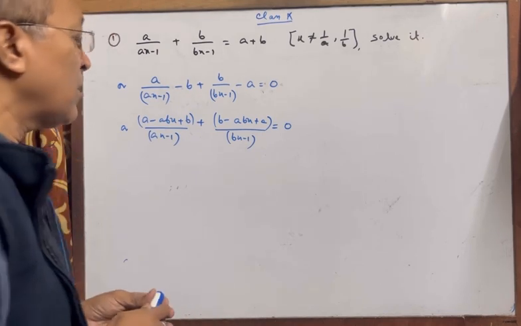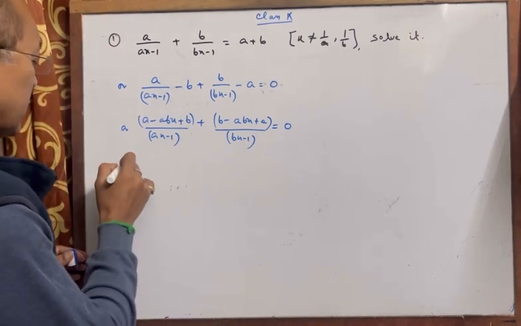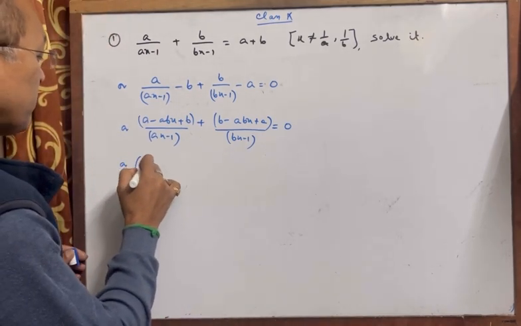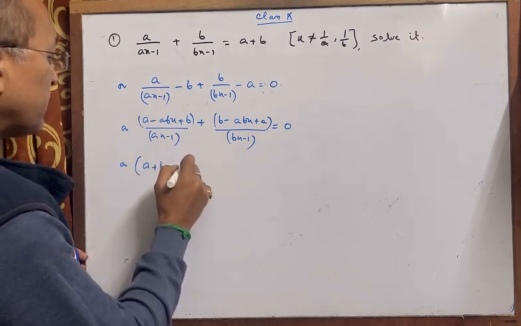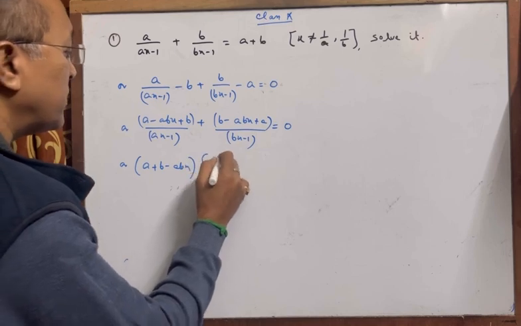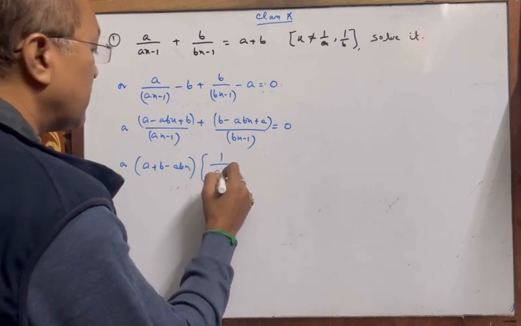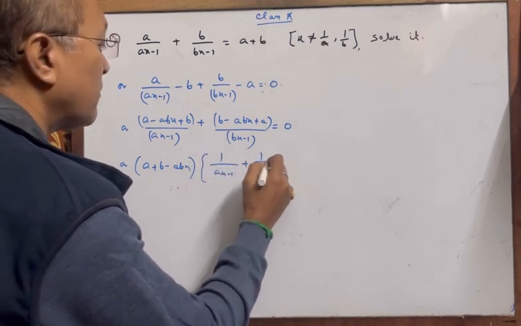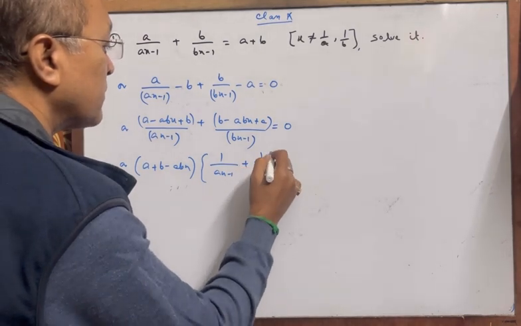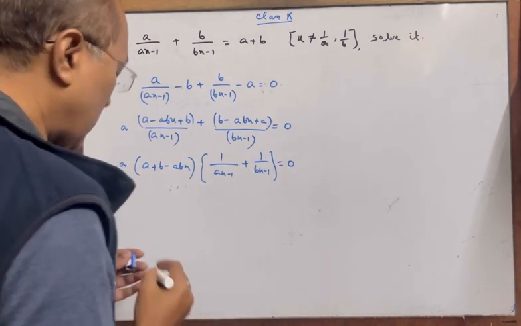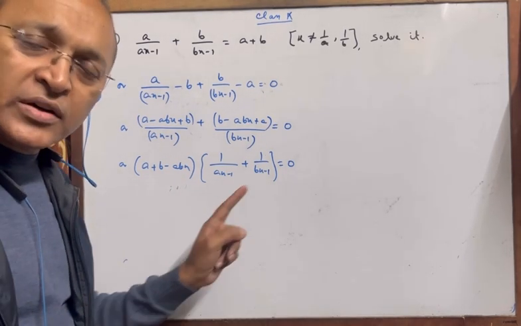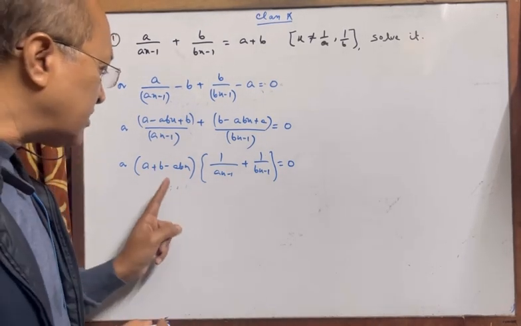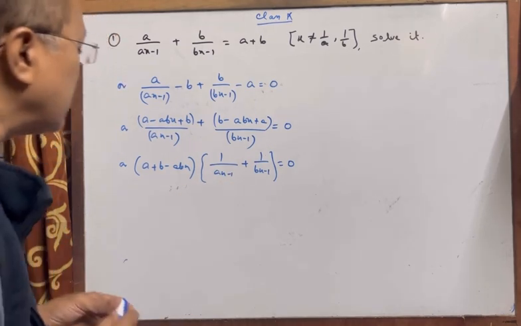Now I am separating this one: (a plus b minus abx) into (ax minus 1)(bx minus 1). Since there are two factors whose product is 0, either this one is 0 or this one is 0, isn't it?